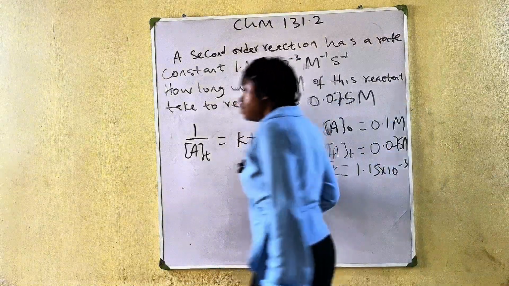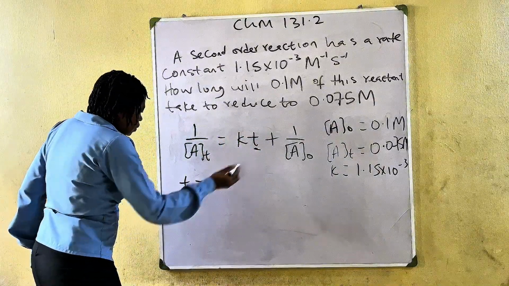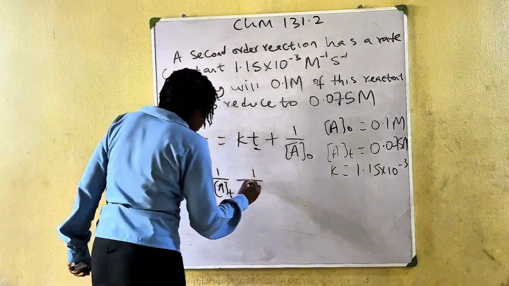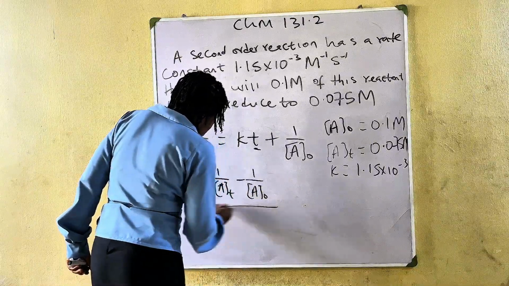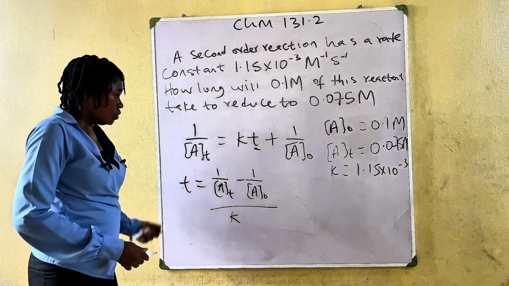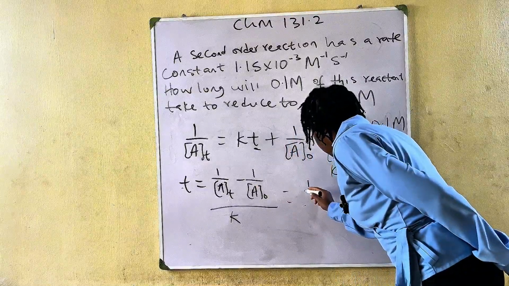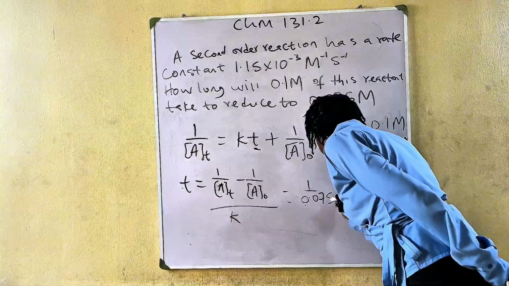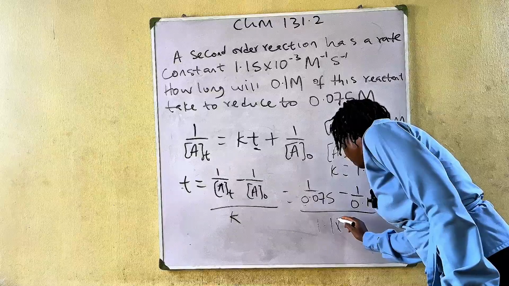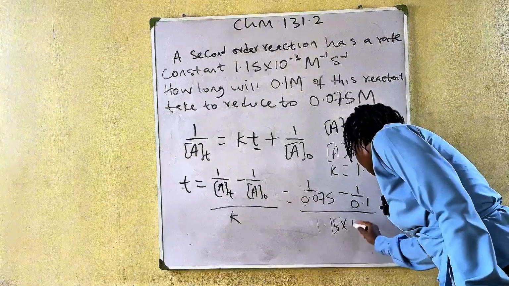So we have to make time the subject of the formula. Our T is equal to 1 over concentration at time t, minus 1 over initial concentration, all over K. So we have 1 over 0.075, minus 1 over 0.1, divided by 1.15 times 10 raised to the power minus 3.